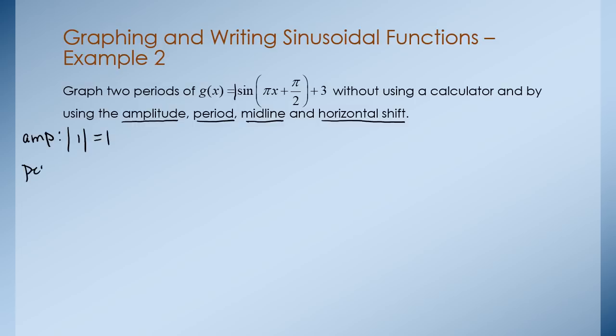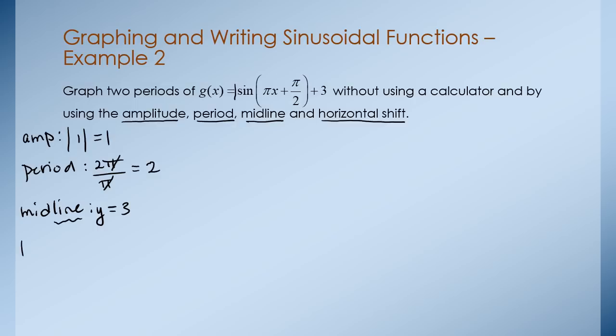The period is 2 pi over my b value, and my b value is pi. So that reduces to 2. The pi cancels out. My midline is y equals 3. Don't forget with a midline, because it is a line, you want to write it as y equals.